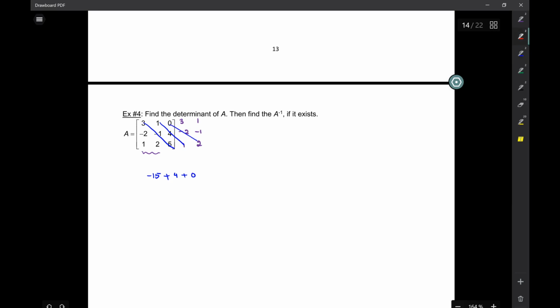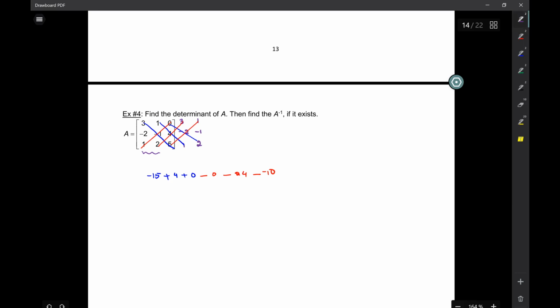Okay, now the rest, I'm going to subtract them. So here's how I do it. I put the minus sign first, then I go to the matrix to collect numbers. This diagonal is 0, minus this diagonal, 2 times 4 is 8, times 3 is 24, minus this diagonal, -10.